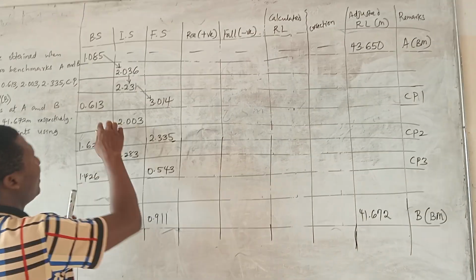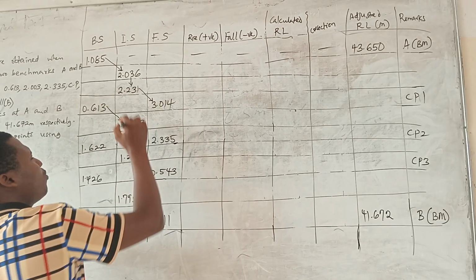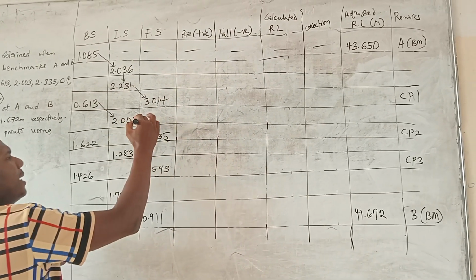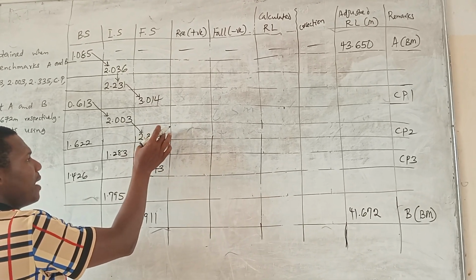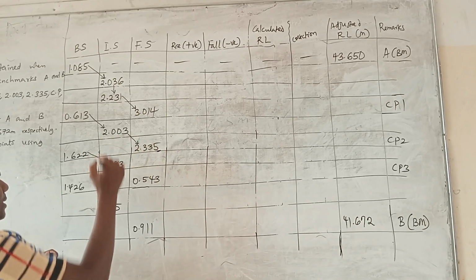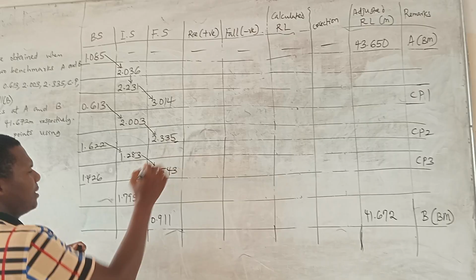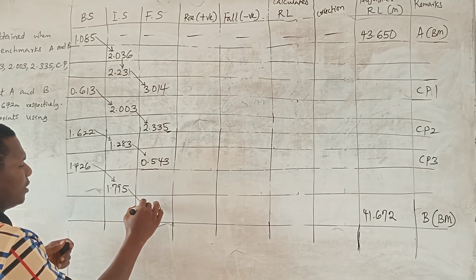So if we are going to start with this one now, it will be 0.613 minus 2.003. Then 2.003 minus 2.335. We are done with another setup. Then this one again, like this. Then lastly we have this one.